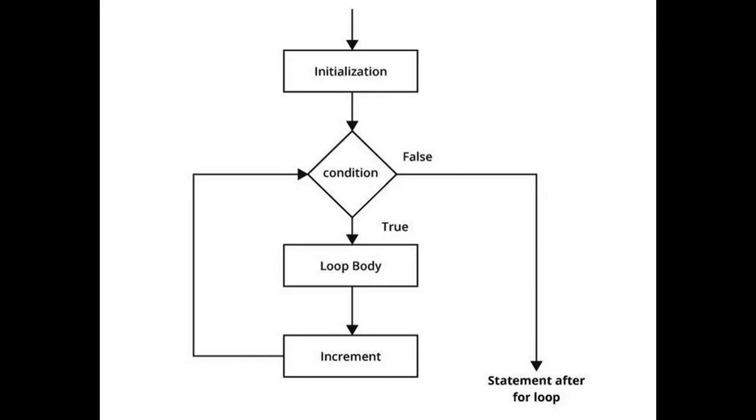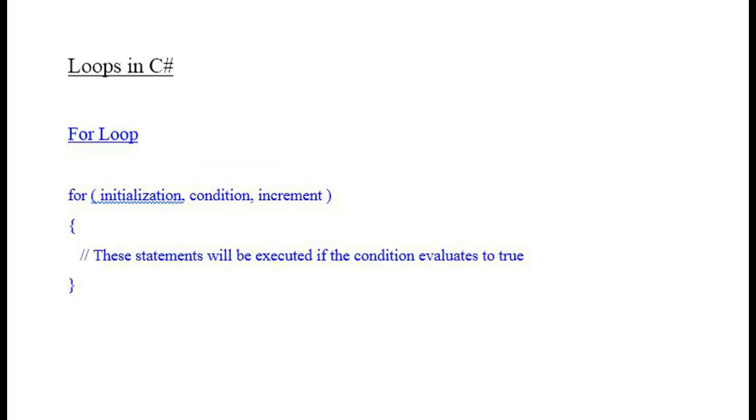Okay, let's have a quick look at a typical for loop statement. From here we can see that the very first thing we do is use the keyword for, and then we have the open parentheses. Within the parentheses we have three sections separated by semicolons. The very first one says initialization, but actually we declare a variable and initialize that variable, and this variable acts as a counter.